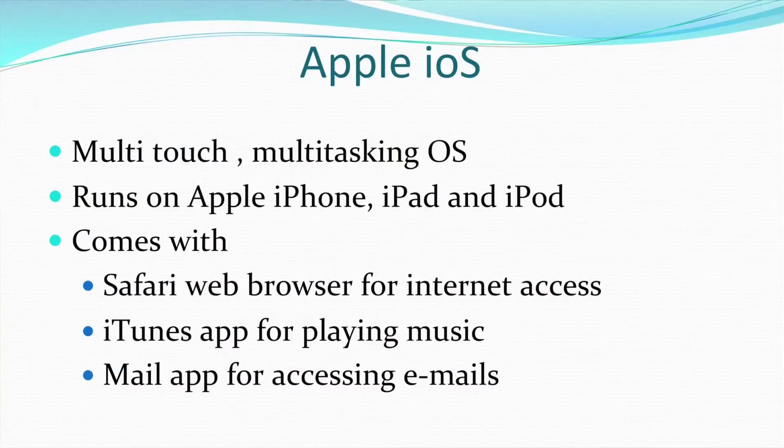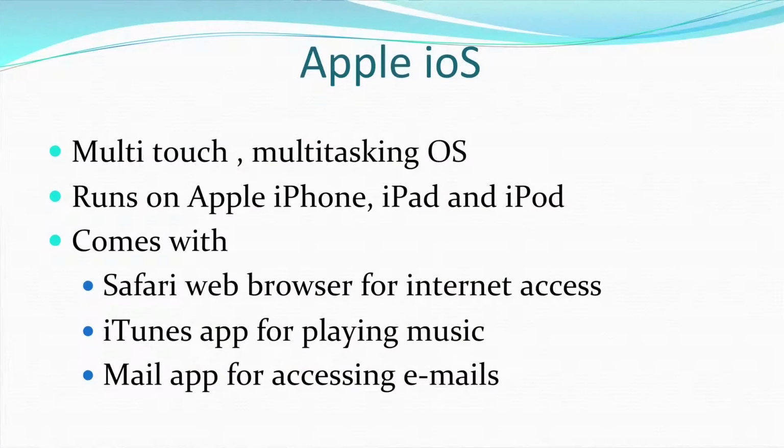The iOS operating system is by Apple Incorporation and it is a multi-touch, multitasking operating system. It runs on all Apple devices, Apple iPhone, Apple iPad, Apple iPod, and it comes with the Safari web browser. You must have seen the Safari web browser for internet access.